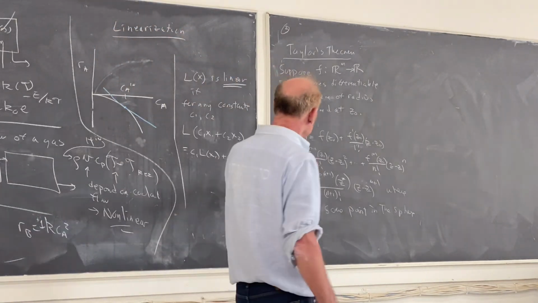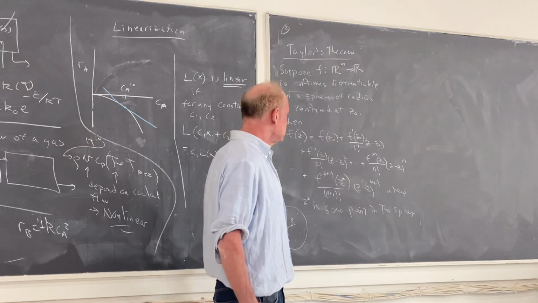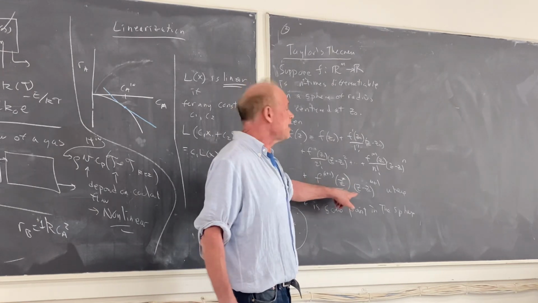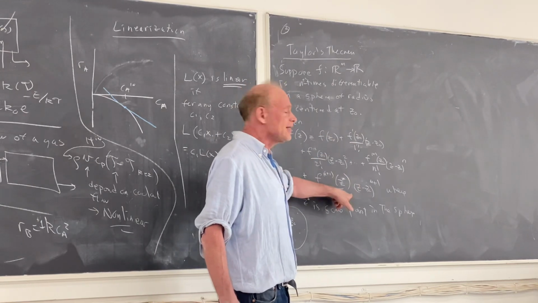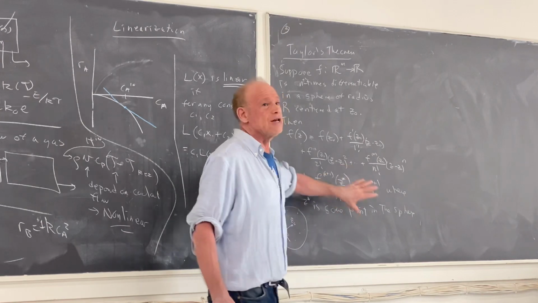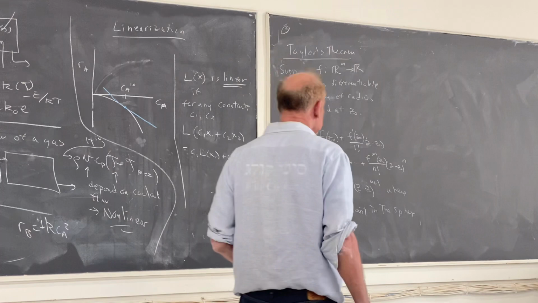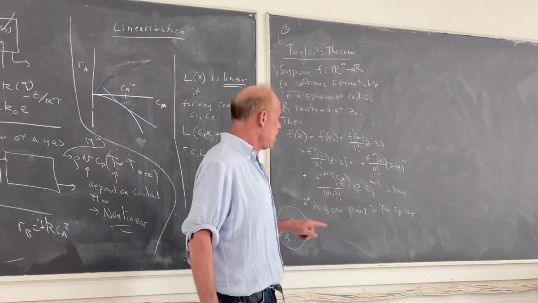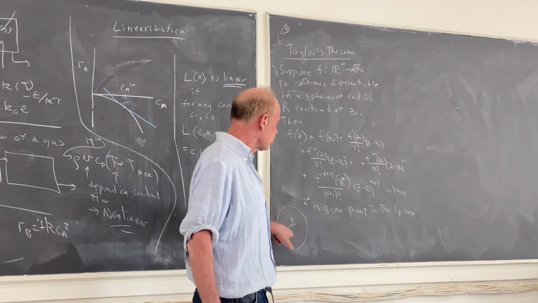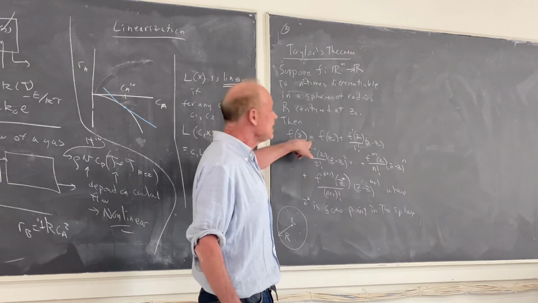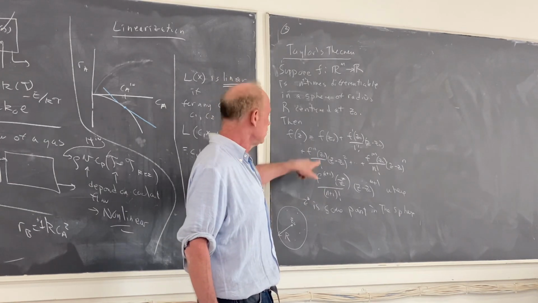I can have a sum of terms, and I don't have to go forever. I can stop at any point, and I know that the term that's missing, that has the rest, I can't tell you exactly where z star is, but I know that there's some z star in the circle that will make this an equal sign and not an approximate sign.